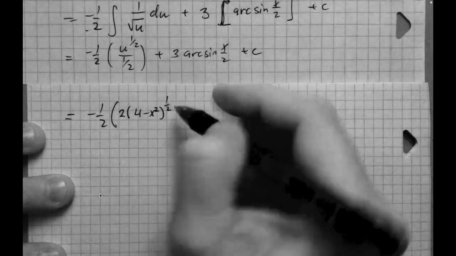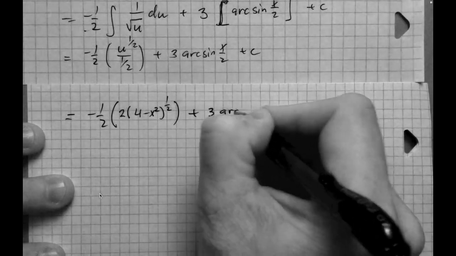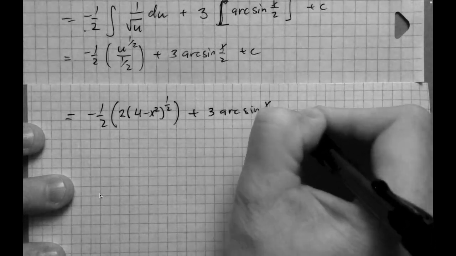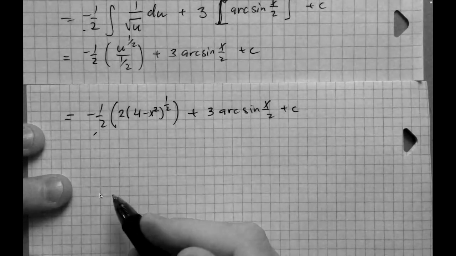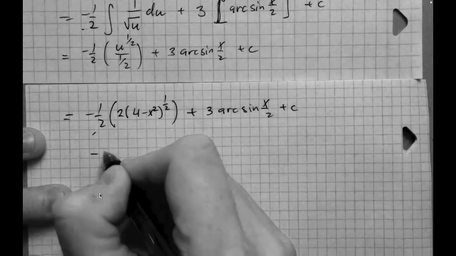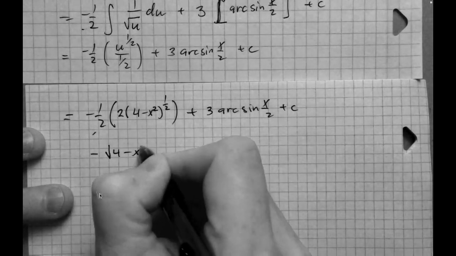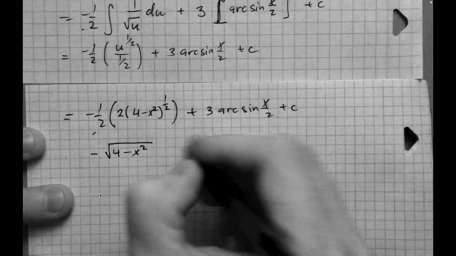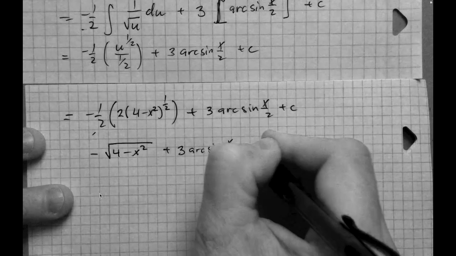Okay, so that's what you get for this front part. And then plus 3 arcsine x over 2 plus c. And so this cleans up a little bit, and we get negative the square root of 4 minus x squared plus 3 arcsine of x over 2 plus c.